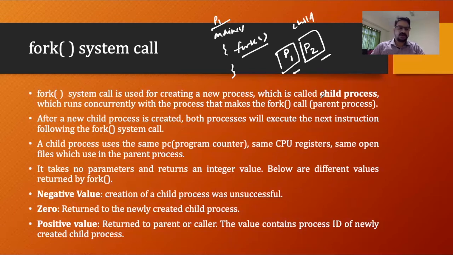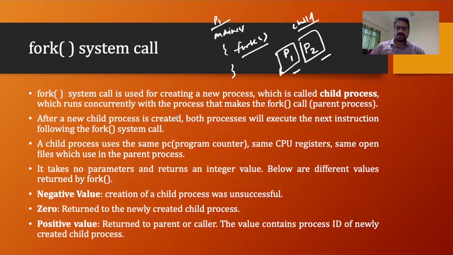Who executed the fork system call? The fork system call is executed by the parent process. The parent process P1 has executed the fork system call, and due to that another process is created, which is called the child process.